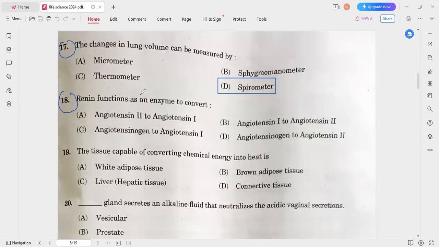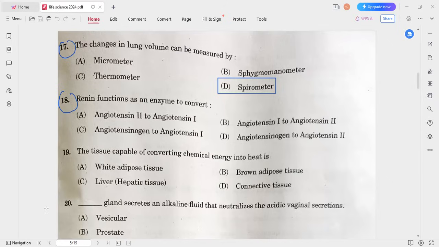Renin functions as an enzyme to convert. So here the question is about the function of the renin enzyme. Usually angiotensinogen is a precursor of angiotensin, which is produced by the liver, converted to angiotensin 1.